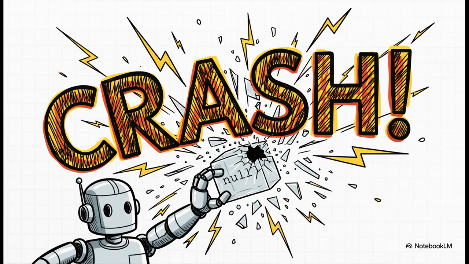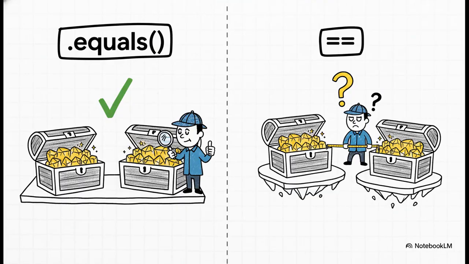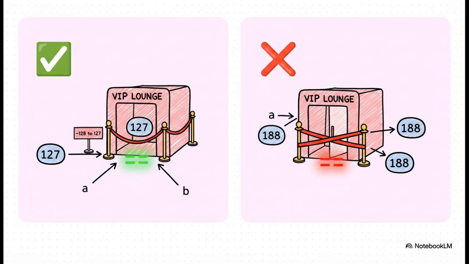It's a fatal error. Okay, trap number 2 is way more subtle, and it causes the kind of bugs that will have you pulling your hair out for hours. It all comes down to a simple question. How do you compare two wrapper objects? Okay, check this out, because this is where it gets weird. If you compare two Integer objects with the value 127 using double equals, you get true.